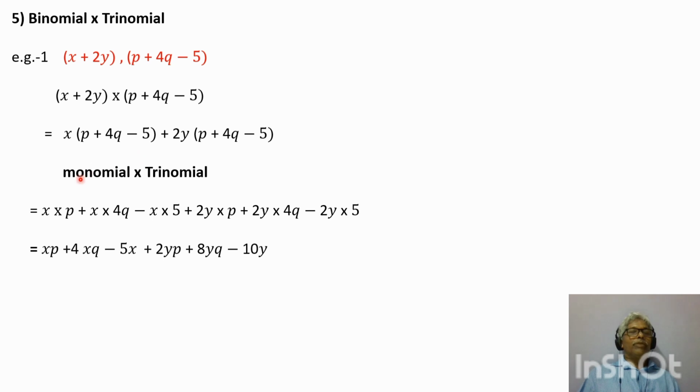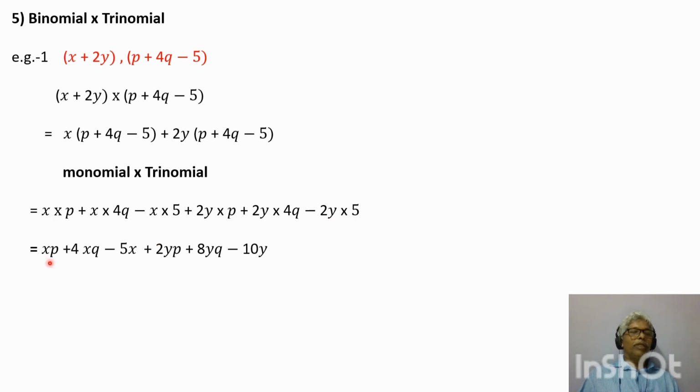So now this has become monomial into trinomial. Now it is very simple. We have already done this, just converted to this form. So this is x into p plus x into 4q minus x into 5 plus 2y into p plus 2y into 4q minus 2y into 5.